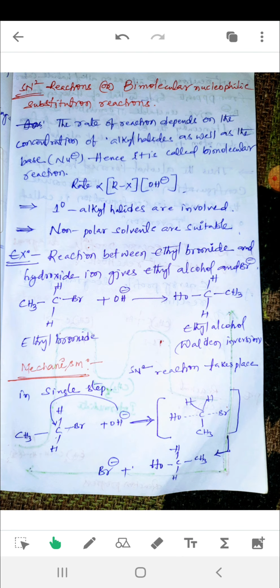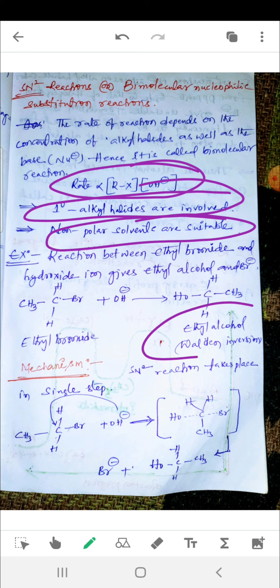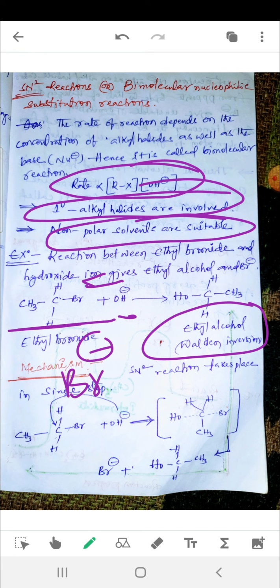In SN2 reaction, the main important points: the rate of the reaction, which alkyl halide is involved, which solvents are suitable, and the Walden inversion compound formation. Here the nucleophile does not approach face to face, because the bromide ion has a negative charge and the OH minus ion is also negative.